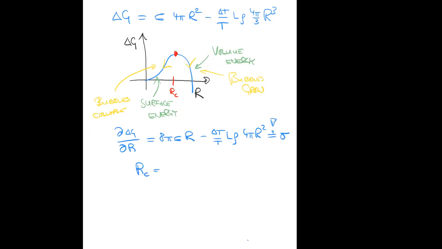So this whole thing is just linear in the surface tension. 8 pi divided by 2 pi is just 2. So this is 2 sigma times T divided by delta T divided by L and divided by rho. So this is the critical bubble size.